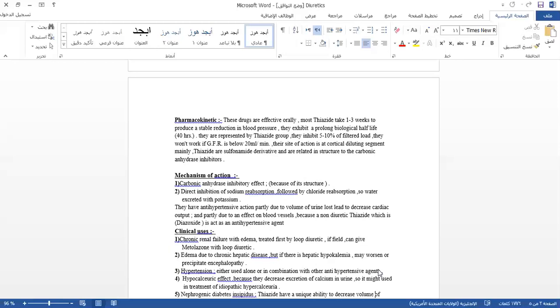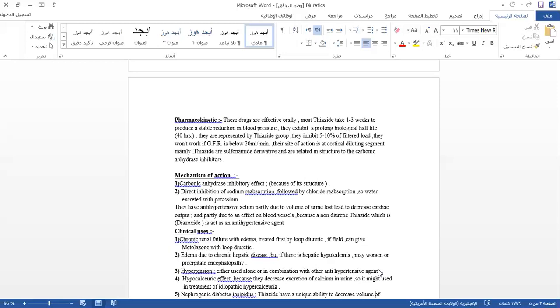They have antihypertensive action partly due to the volume of urine lost, which leads to decreased cardiac output, and another part due to the effect on the blood vessels, because a non-diuretic thiazide called diazoxide acts as an antihypertensive agent.